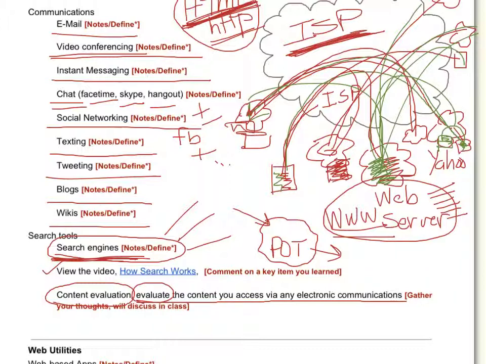You need to determine the value of what you're reading. The internet can have lots of things that are opinions. There are people's opinions. There are some things that are facts, proven facts, and some things are just a gathering of a little of both.